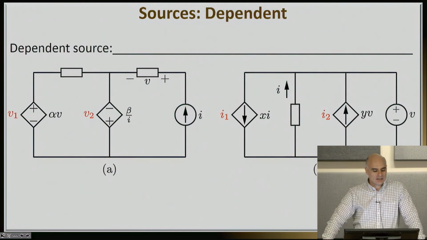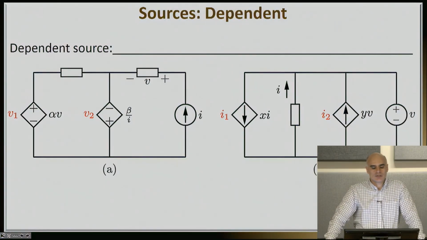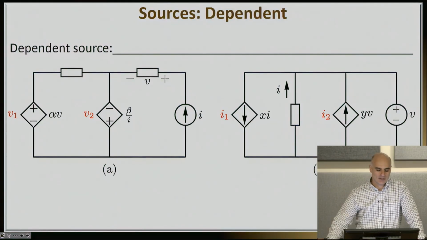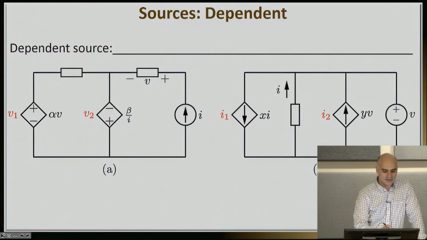Now, let's change gears a little bit and talk about dependent sources. Unlike independent sources, whose values are practically independent of the circuits you connect them to, dependent sources have a value that actually depends on some other value in the circuit. So I'm going to write here that dependent sources have values that are dependent on something else.